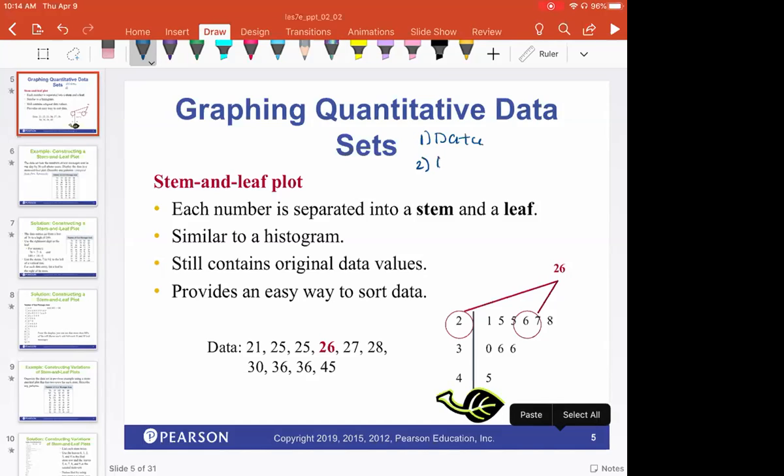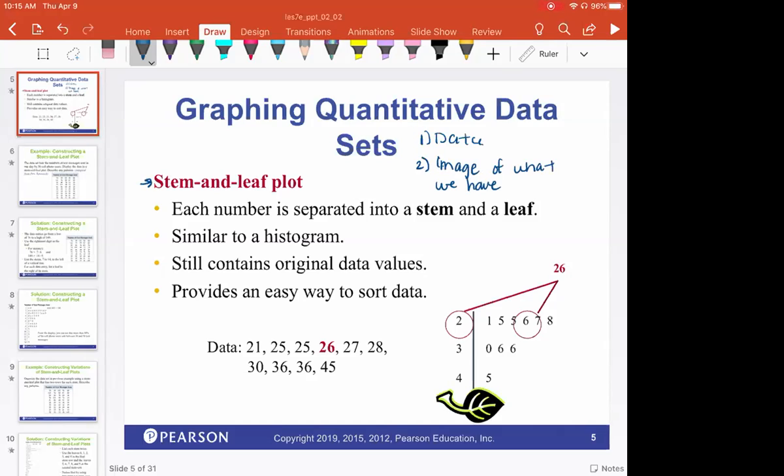So it also gives us an image of what we have. So we can see which ones there's more of.